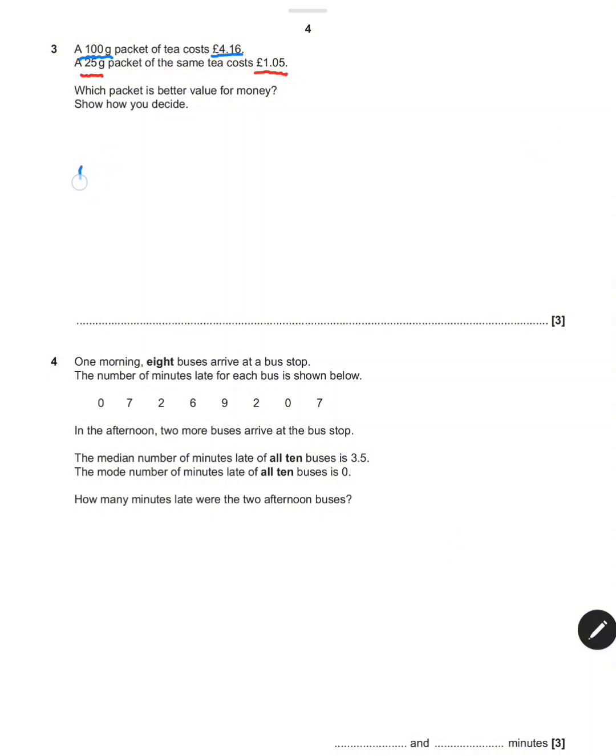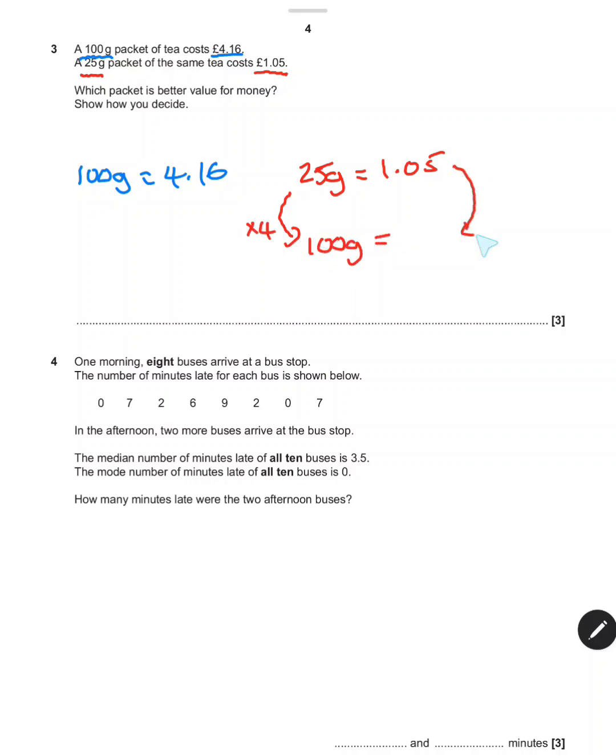If we look at the 100 gram for £4.16, and we'll leave that as it is, because then we can look at the 25 gram, and that is £1.05. If we multiply this by 4, we get 100 grams. And all we need to do is multiply this by 4 to see the equivalent cost for 100 grams.